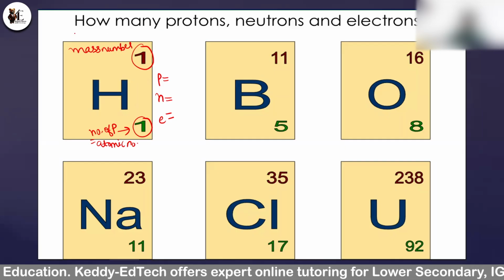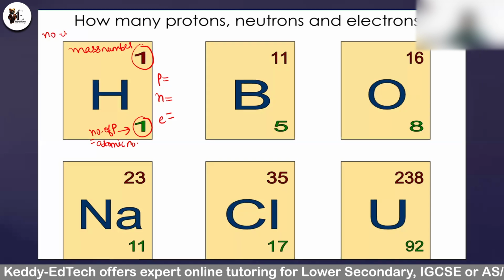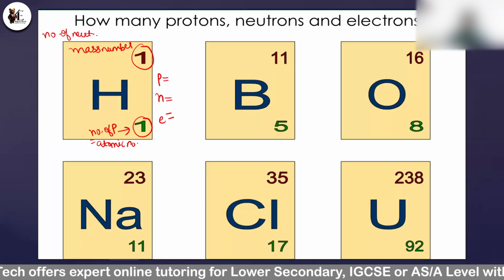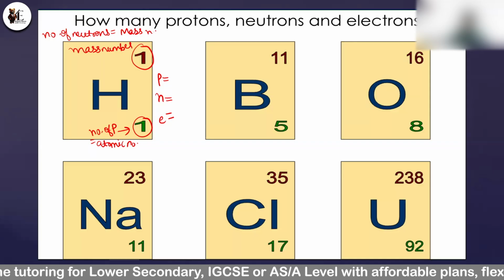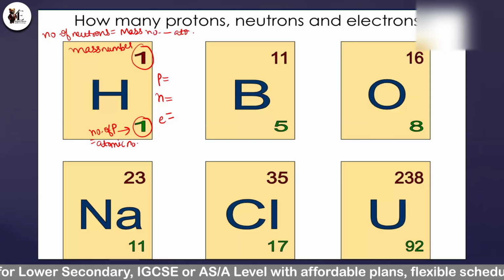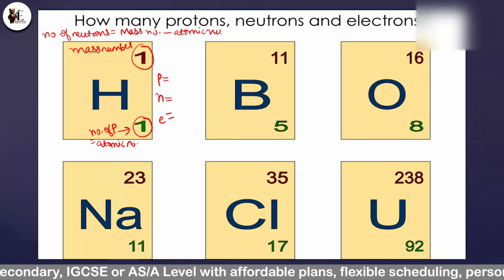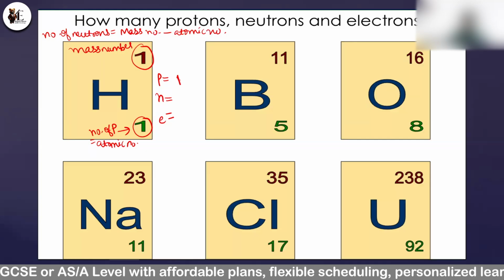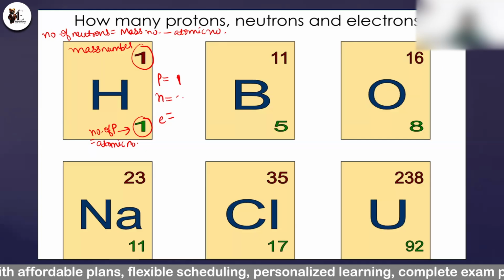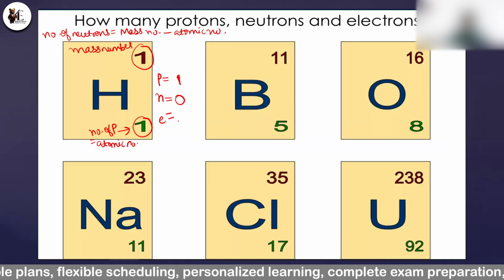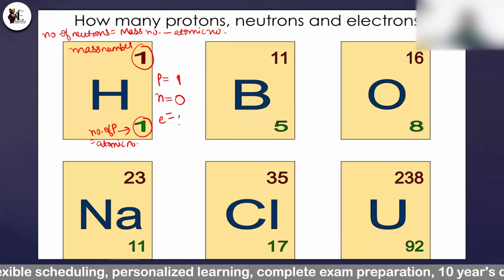The formula: number of neutrons is equal to mass number minus atomic number. So the number of protons in hydrogen is 1. Number of neutrons is mass number minus proton number, 1 minus 1 is 0. Number of electrons is equal to number of protons, which is 1.